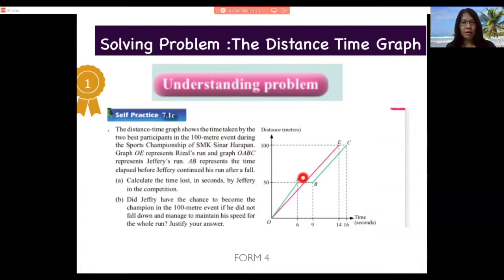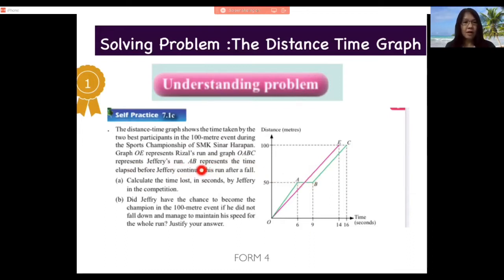AB represents the time elapsed before Jeffrey continued his run after a fall. Oh my God, Jeffrey fell down. This part describes the distance for Jeffrey remaining at 50 meters, unchanged. That's why the speed is 0, which means stationary.